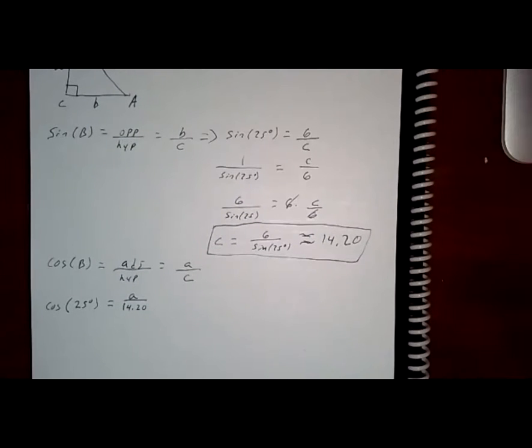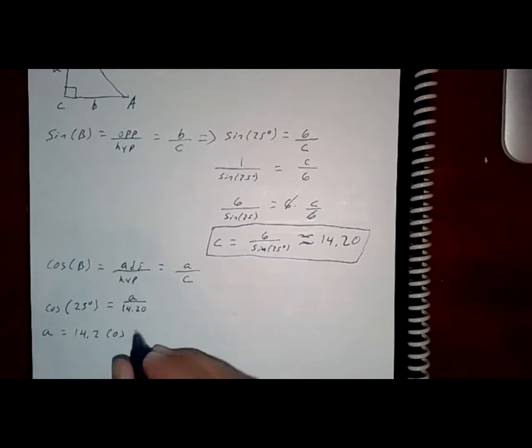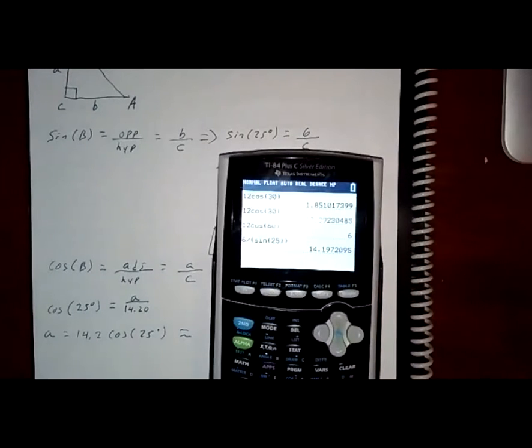Solve for a, multiply both sides by 14.2. Skip a small step here. a would be equal to 14.2 cosine of 25 degrees, which is approximately 12.87.